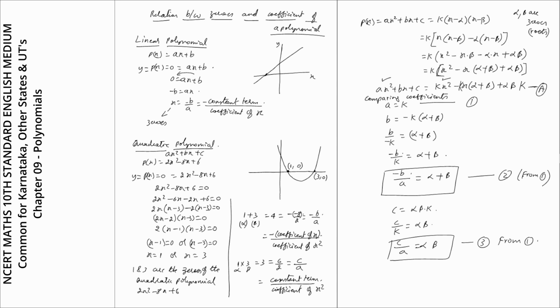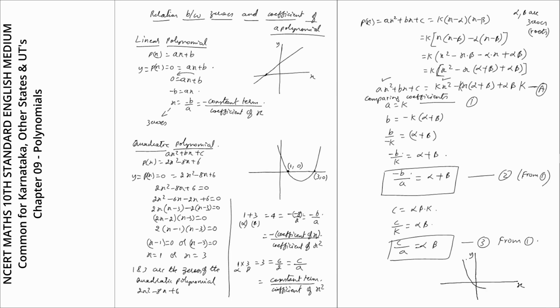Alpha and beta are nothing but the zeros of the quadratic polynomial. Zeros means the values of x for which the y value is equal to 0. If you plot a quadratic polynomial on a graph sheet, the xy plane, we get something like this.